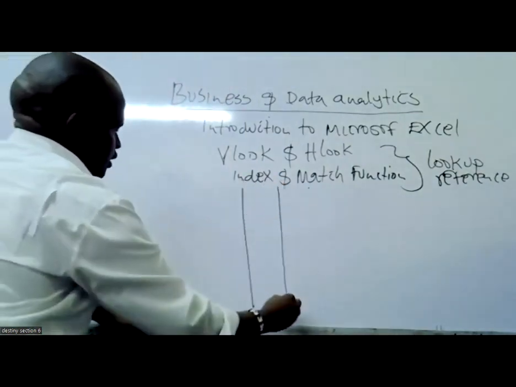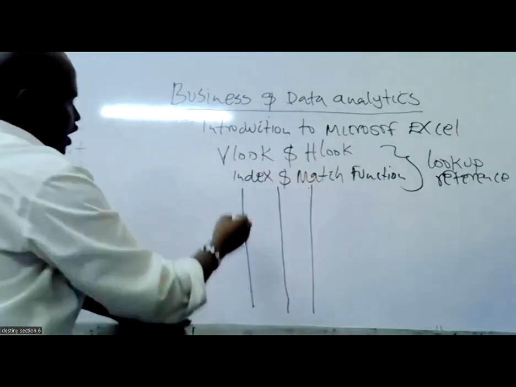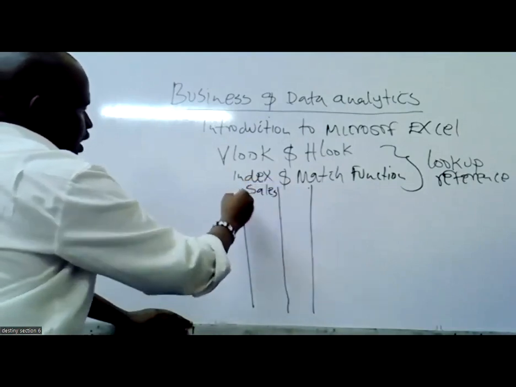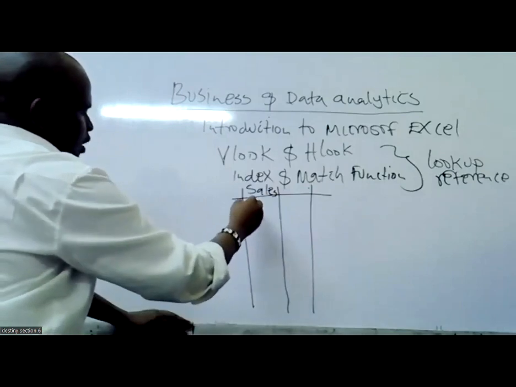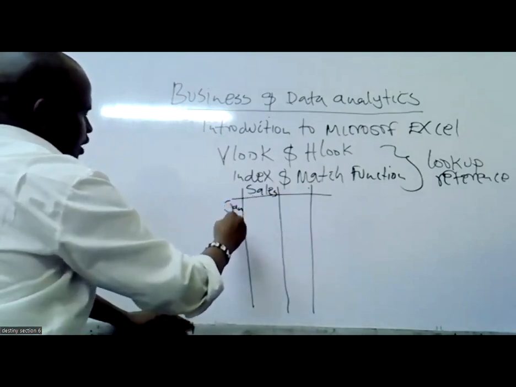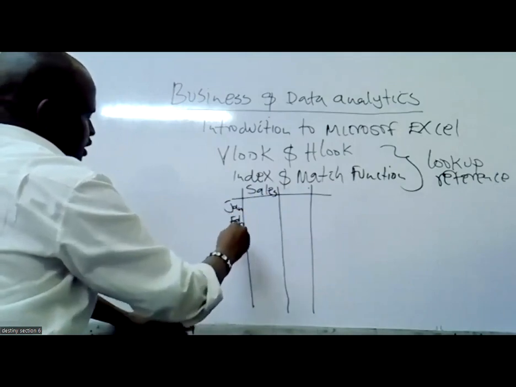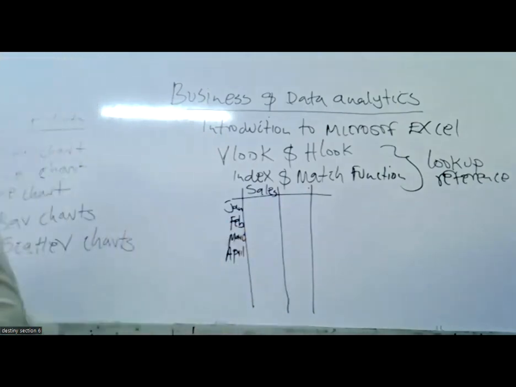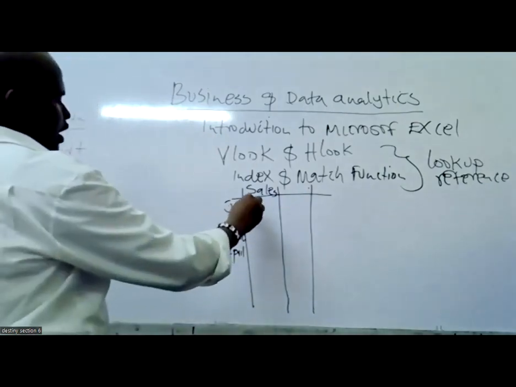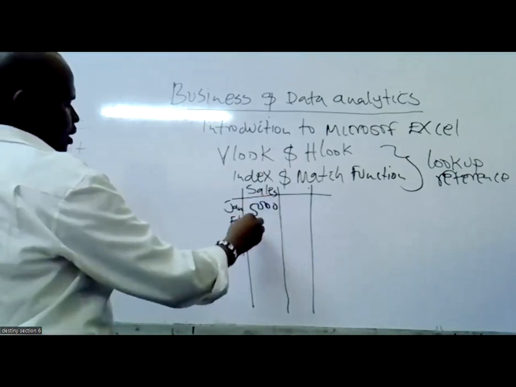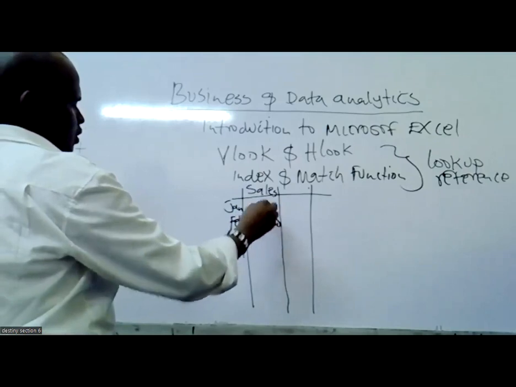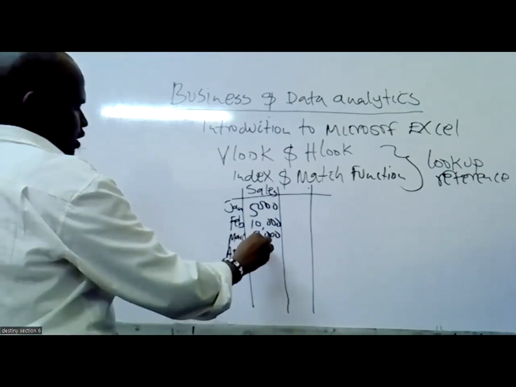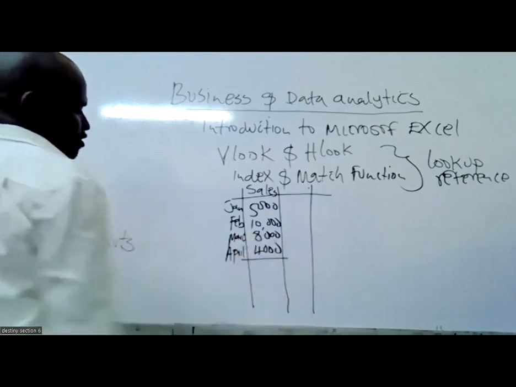This is an example of a spreadsheet, and let us say these are cells. Maybe let us say Jan, March, April. Then here we have 5,000, and then maybe 10,000, and maybe 8,000, and 4,000, and then here I have the totals.